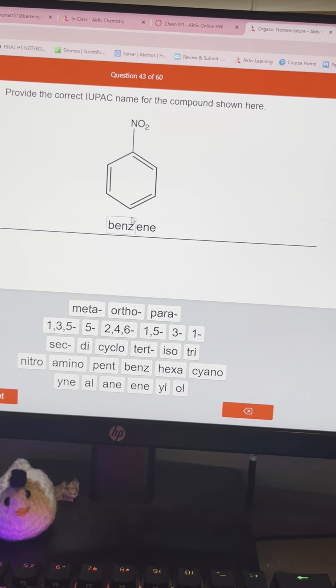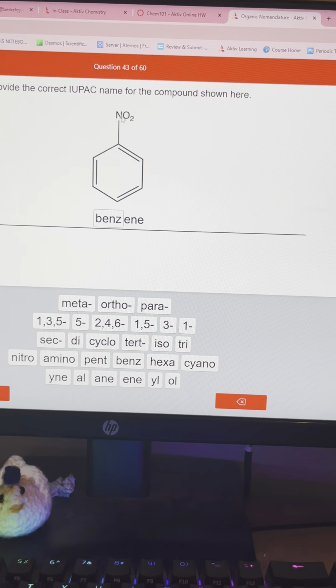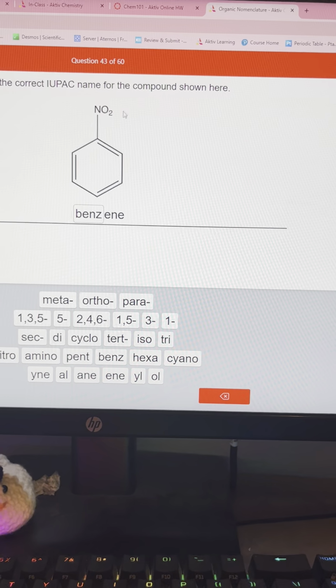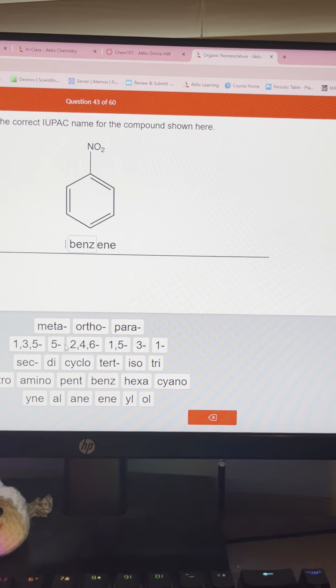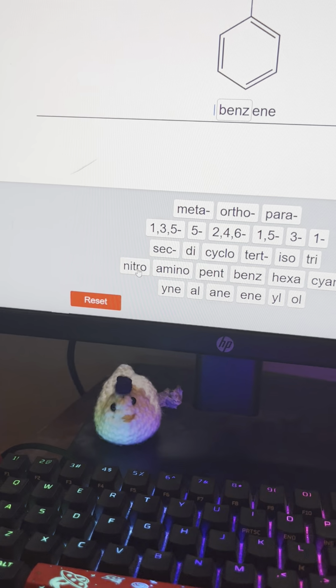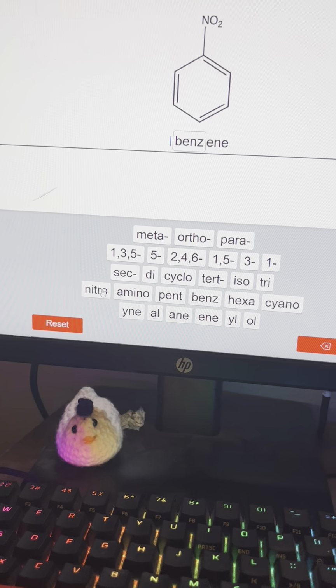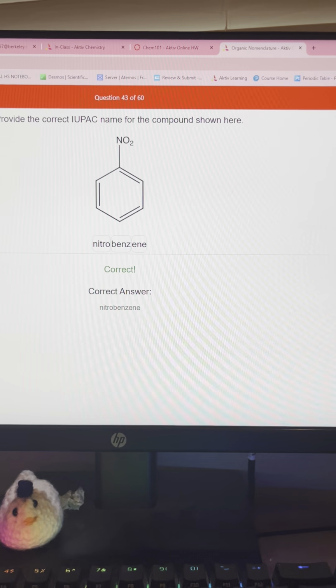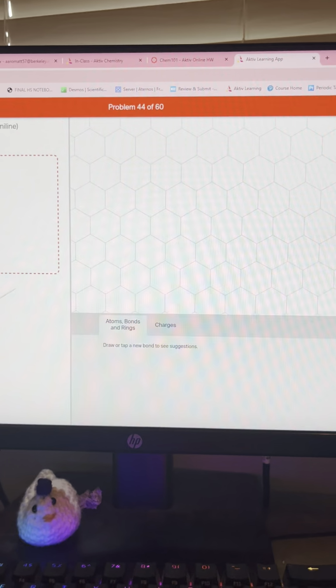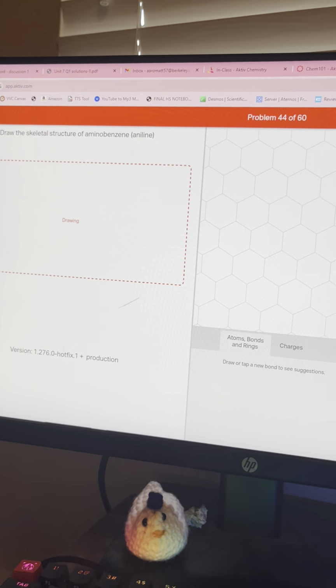And then with these, you just add whatever's being connected to it to the front of its name. So we have NO2. Remember, that is nitride. And nitride, remember, usually just gets replaced with an O. So it's nitro, like that. All right, we're gonna cut off here.